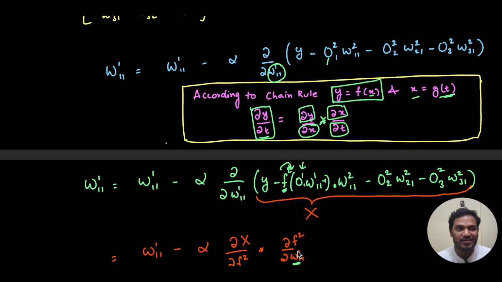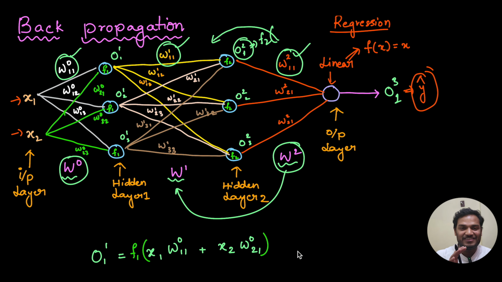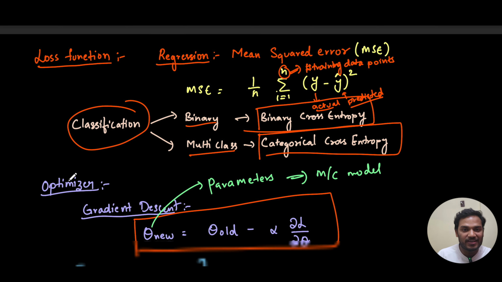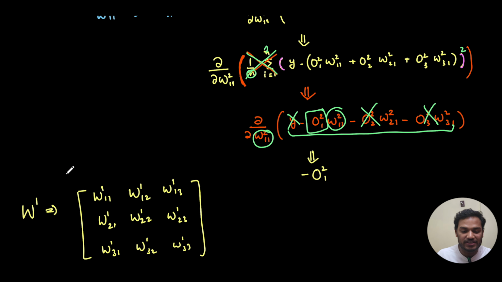And if it is not clear also, just remember the main thing, that first we'll be updating all the weights in W2, then we'll be updating all the weights in W1, then we'll be updating all the weights in W0. Okay. And while doing this, we'll be using the chain rule of partial derivatives.